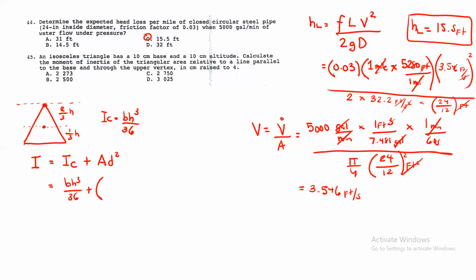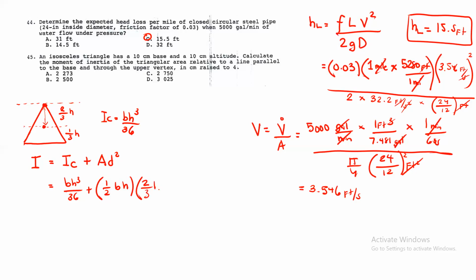So, ang area natin is 1/2 base times height. Then times yung D. So, ang D natin, yan yung distance from the center of inertia ng triangle doon sa line kung saan siya naka-relative yung moment of inertia. So, dahil dito sa upper vertex, ang distance natin is 2/3 h.